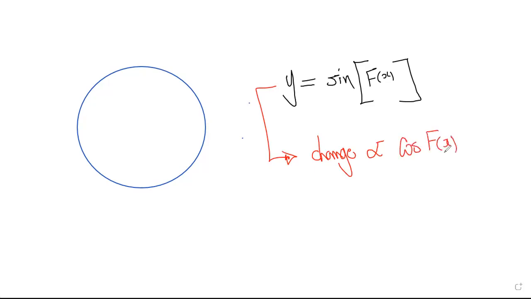That's how the function changes. I didn't mean that the function is changing with that pattern. However, in that case, f of x has to be represented in terms of radians, the thing that we talked about last session.